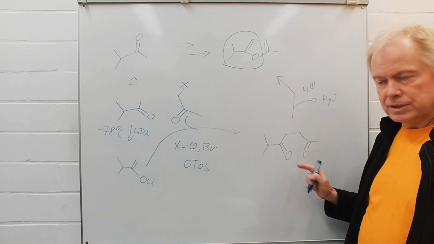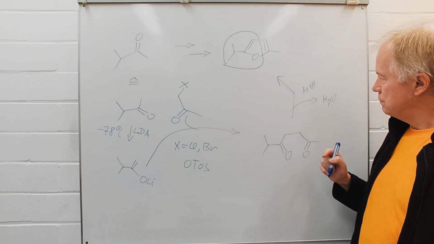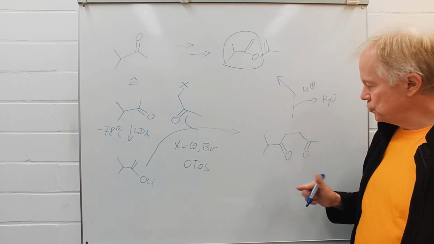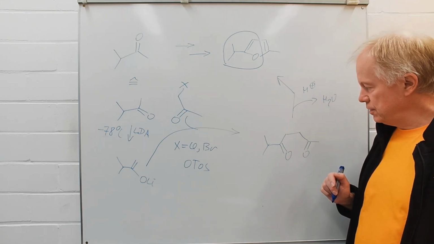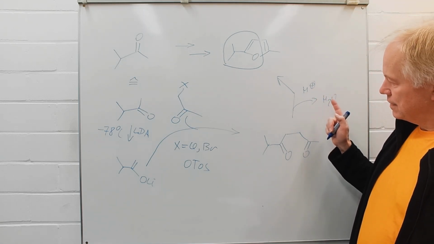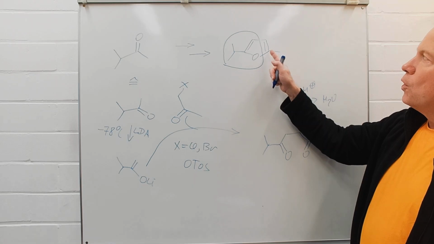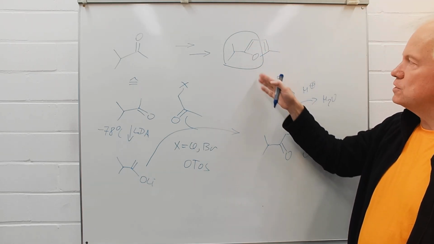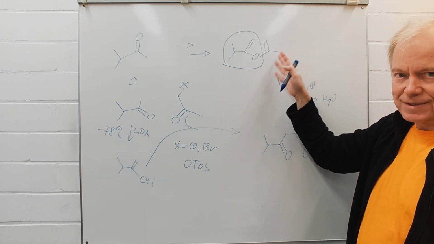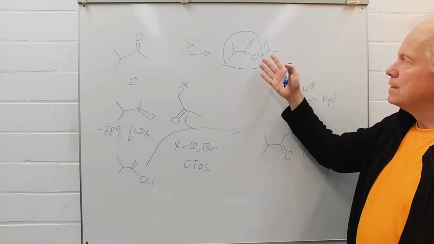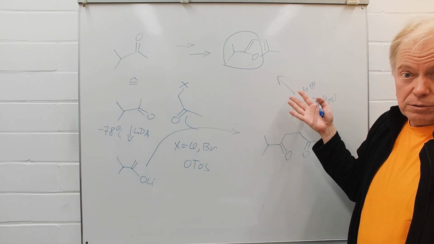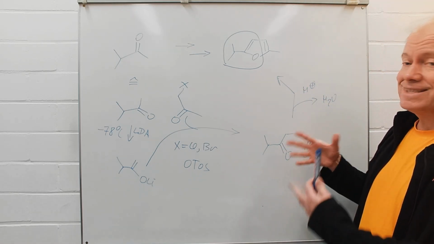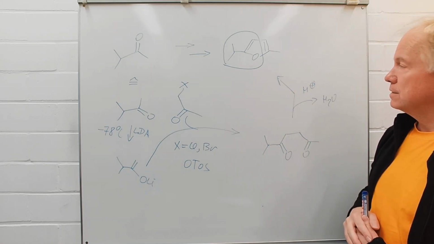One enol is formed under the acidic conditions, and the enol hydroxyl group will attack the other ketone, and at the end all olefinic double bonds will be placed like this, because this is the thermodynamic sink, because this is an aromatic system. It's as easy as that. Thanks for listening.